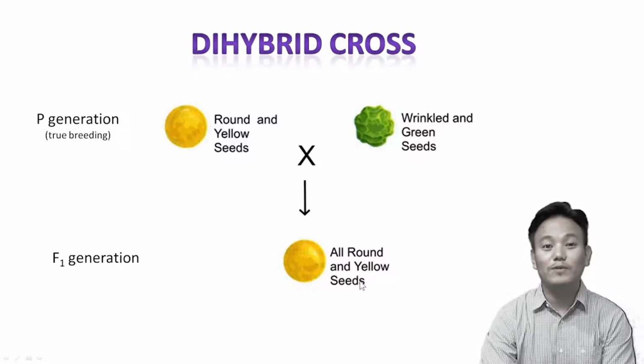yellow seed producing plants. So how did he go about explaining this observation or his result? First, he had to write down the genotypes.